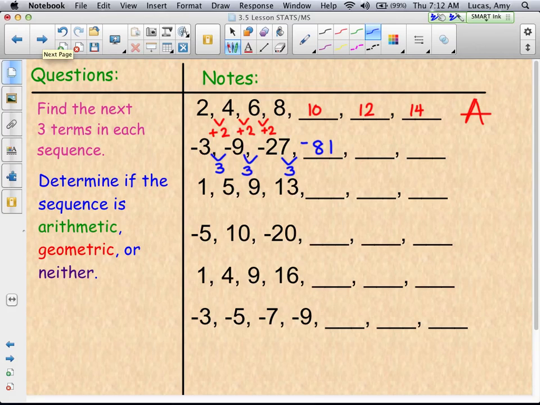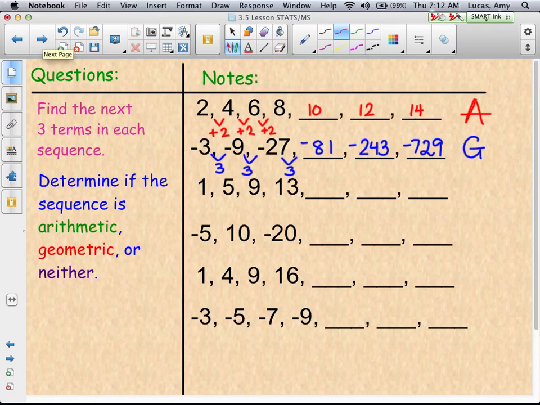Then I multiply by 3 again, I get -243, and multiply by 3 again, that would be -729. And that would be a geometric sequence because it was a multiplication pattern.